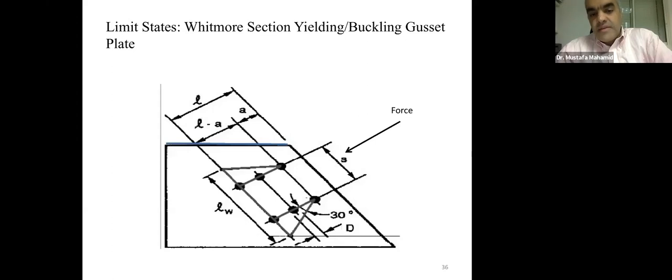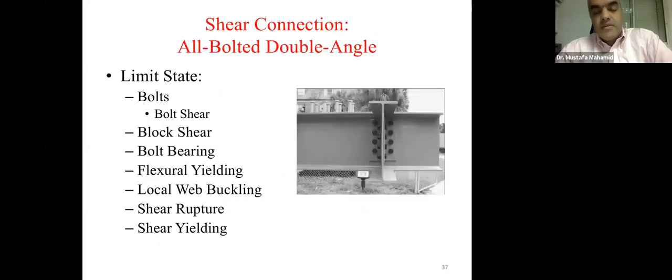Here you are given the parameters of how the section is calculated to check if it will buckle under a compression force. Basically it goes from the first bolt to the last bolt, and then with an angle of 30 degrees to create the effective section in resisting this force. That's L sub W, and then we have the thickness of the gusset plate. So we can check if buckling will happen or not, or design it for the buckling not to happen. And of course, if it's tension, then we have to worry about yielding.